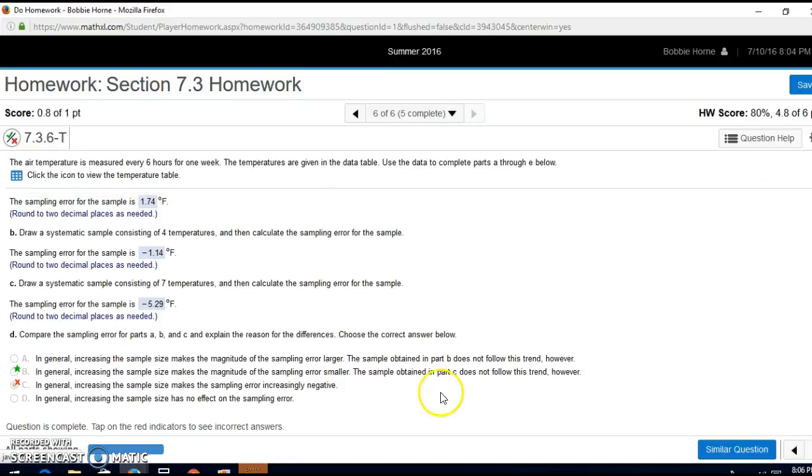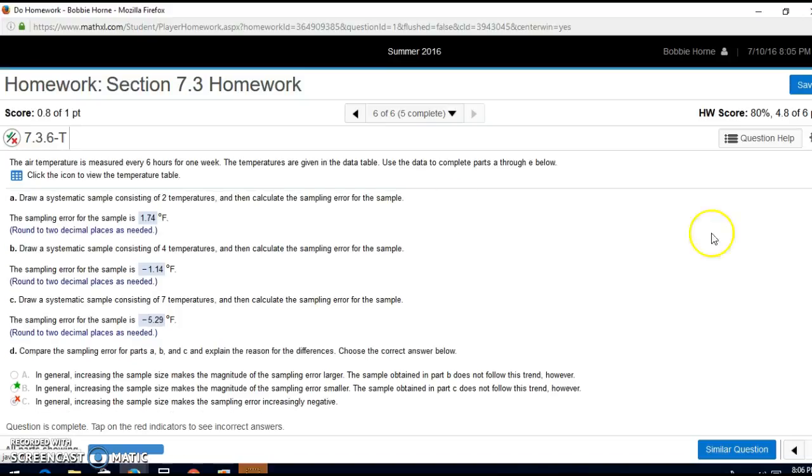In C, it went from 1.74 to 1.14 to negative 5.29. Okay, so we went from 2, 4 to 7. So we're making the sample bigger, so the error should be smaller.